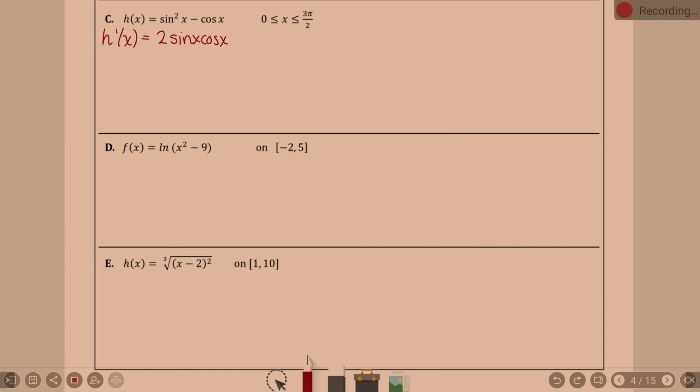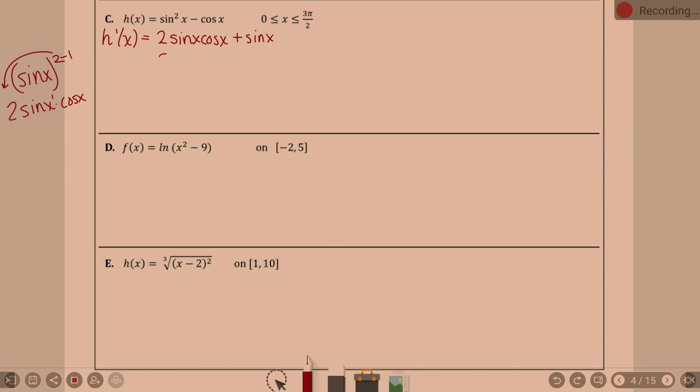Because you're thinking of this as sine x to the second, so bring the 2 out front, subtract 1, and then times the derivative of sine x. So there's your cosine x. Minus, what's the derivative of cosine x? Negative sine x. Negative sine x is going to become plus sine x.